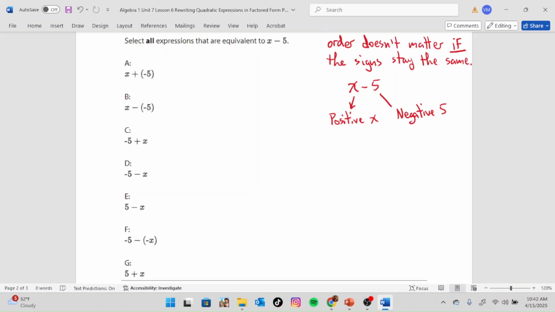So if I look at choice A, I see that I have a positive x and I'm adding a negative 5. Well, if I add a negative, then that is still the same thing as minus 5. And that is because I end up with the positive x and the negative 5 that I wanted. So A is equivalent.